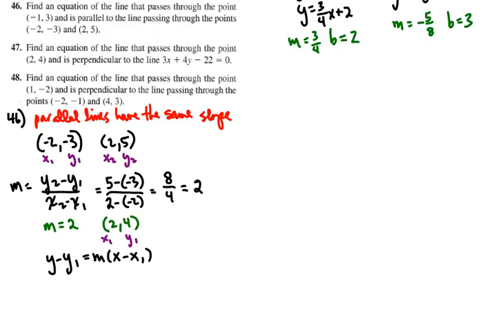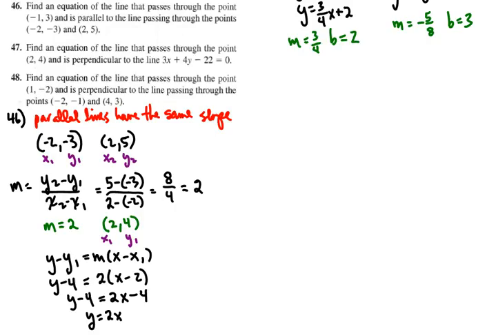And so we get y minus y1, which is y minus 4, is equal to m, which is 2, times the quantity x minus x1, which is x minus 2. We multiply out the right side, we'll get 2x minus 4. And when I add 4 to both sides, I get y is equal to 2x.